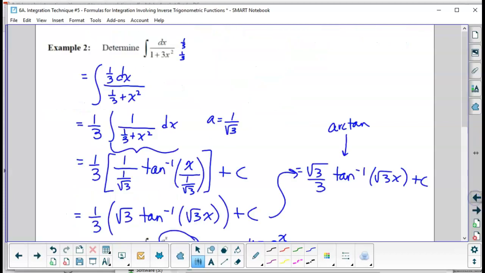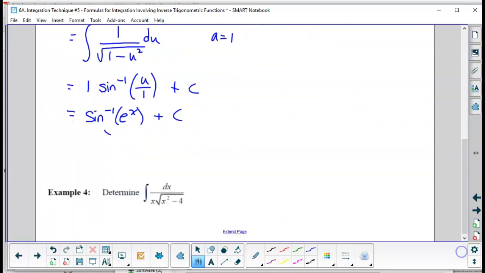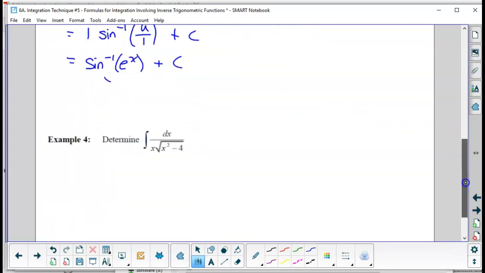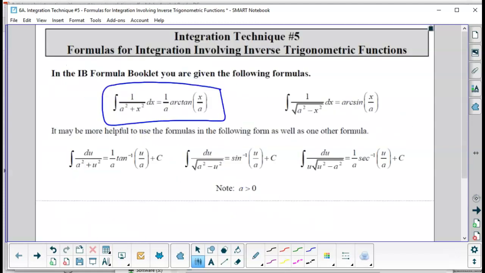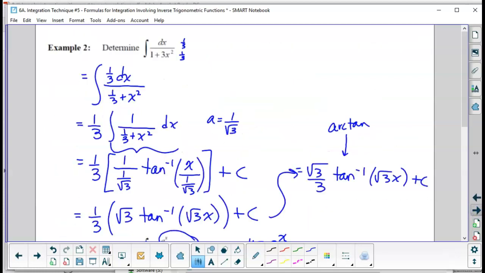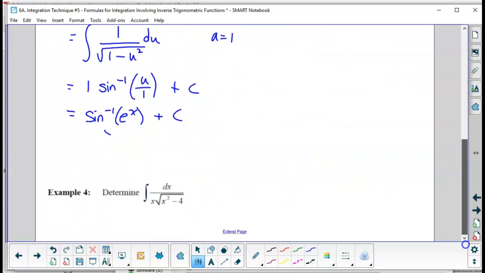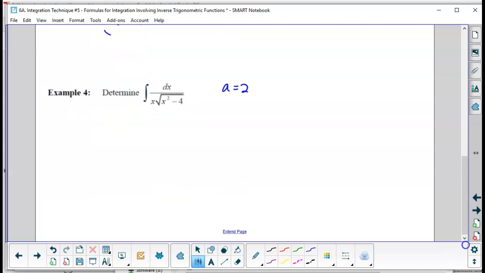Oh, maybe in this last one here. There we go. Okay, and then this one is probably the third formula. All right, so we've got in the denominator x root of x squared minus 4. So let's look back here. U root of u squared minus number, so same form. Okay, so in this case, our A is 2.